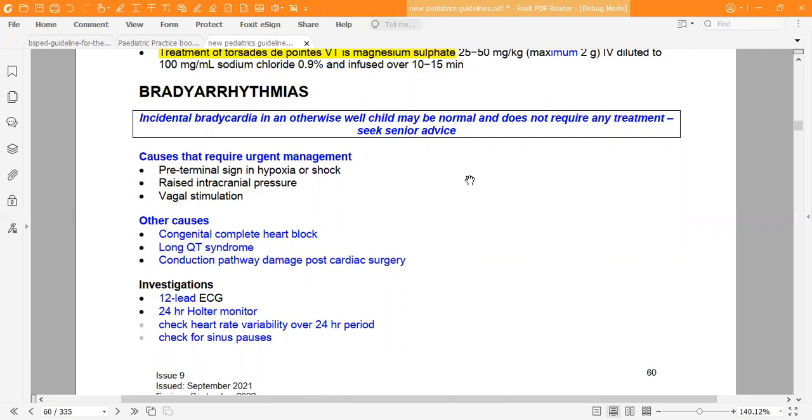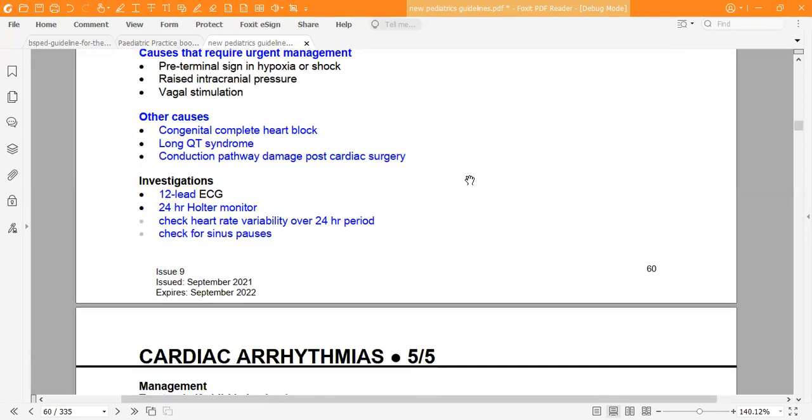All of these may cause bradyarrhythmia. Other causes: congenital complete heart block, long QT syndrome, conduction pathway damage post cardiac surgery.